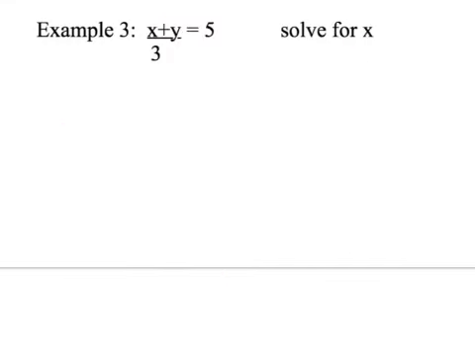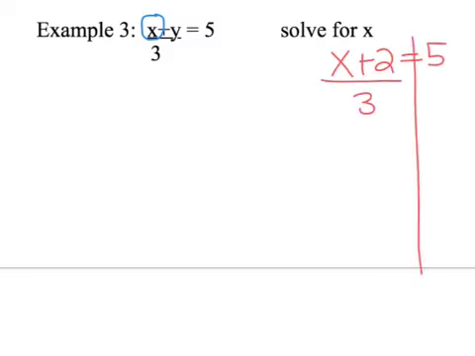Alright, last example, we are solving for X. Okay, so over here in red, I'm going to write an equation that's very similar, but that has numbers. Okay, in this equation in red, this is x plus 2 divided by 3. You always want to get rid of that denominator first if you can. The opposite of a divide by 3 is a times 3. Anytime you want to get rid of a denominator, you multiply.